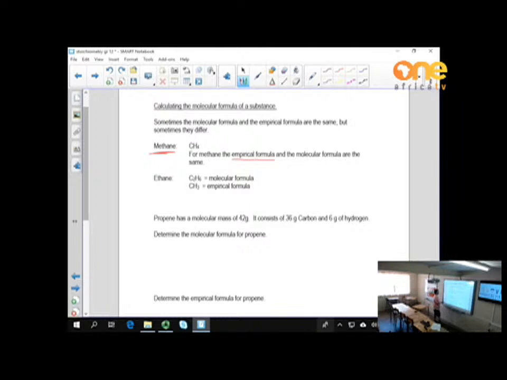But ethane has got a molecular formula of 2 carbons and 6 hydrogens. Now that's not in the simplest form. All right. In its simplest form, it is CH3. So that would be the molecular formula, and that one would be the empirical formula. All right, the simplest formula.